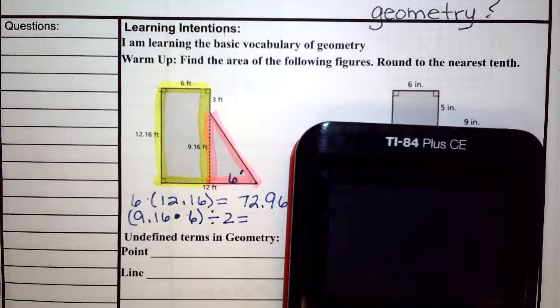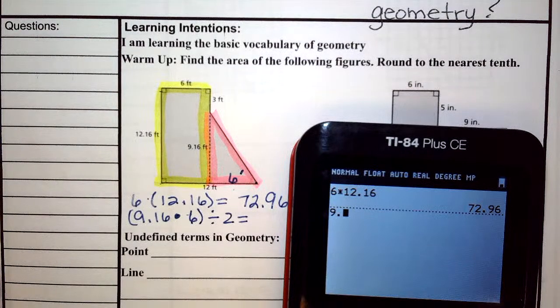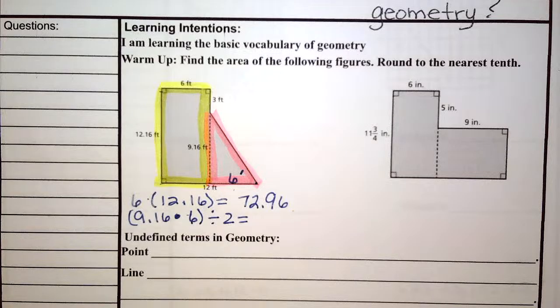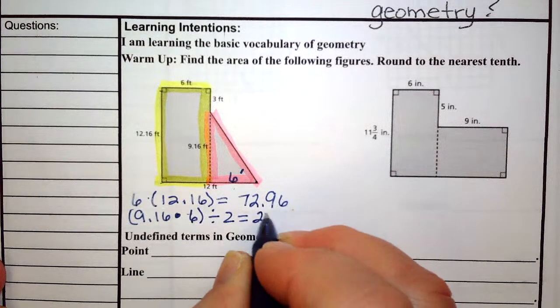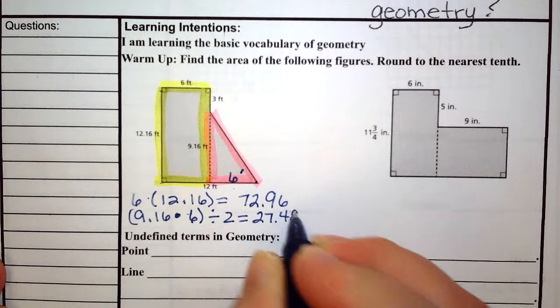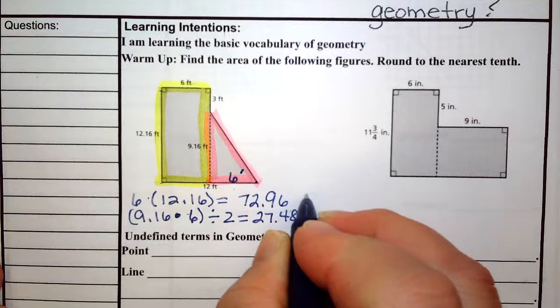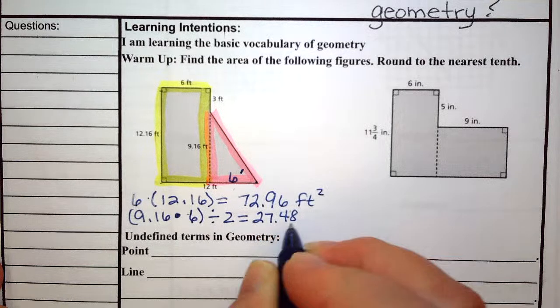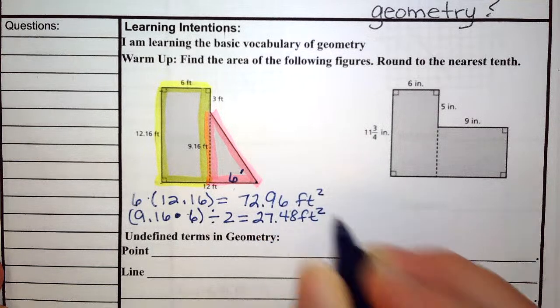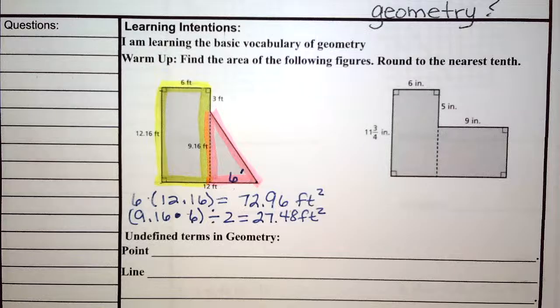9 and 16/100 times 6. Then I divide it by 2. And I get 27 and 48/100. And this would be feet squared. Now, I know both of the pieces. What do I do next? Add them together.